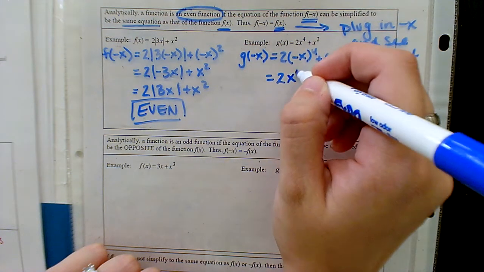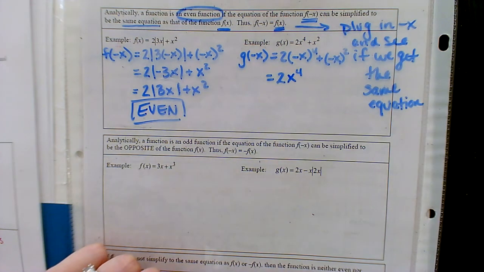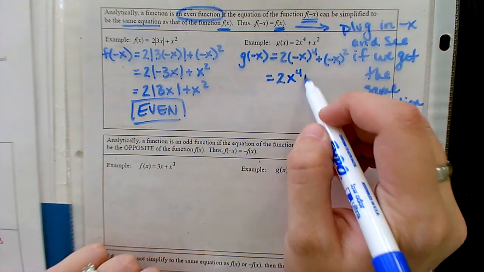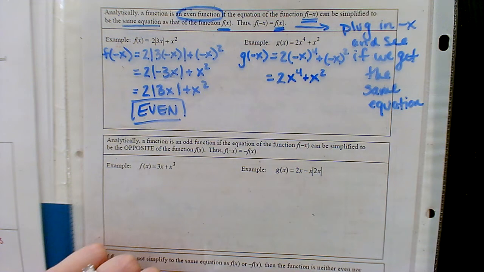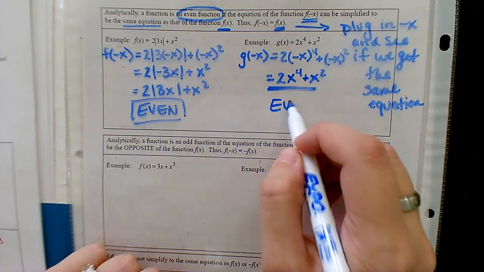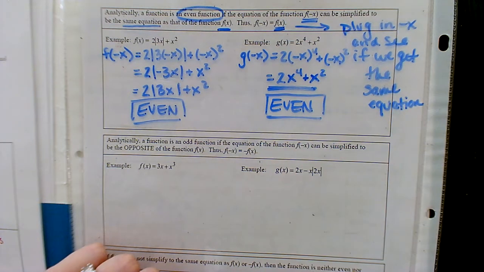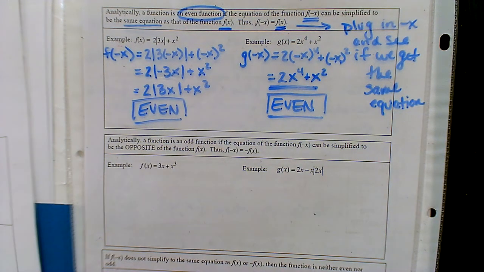It's x to the fourth, right. Four negatives multiplied together is a positive value. Four x's multiplied together is an x to the fourth. So we have a positive x to the fourth value, and there's that negative x squared again, so that's going to be positive as well. So we plug in the opposite x. Do we get out the same y, aka the same equation we started with? Yes. So this function can also be classified as even. You have that y-axis symmetry.